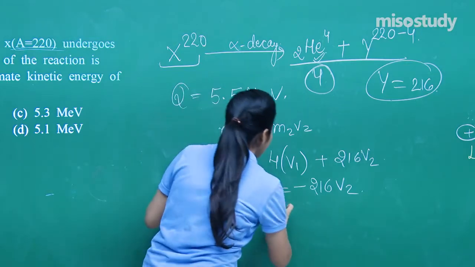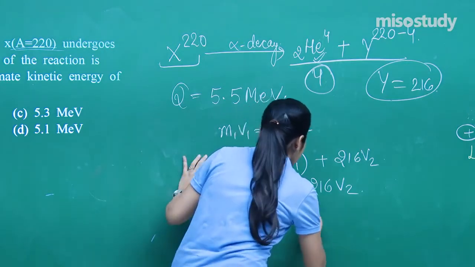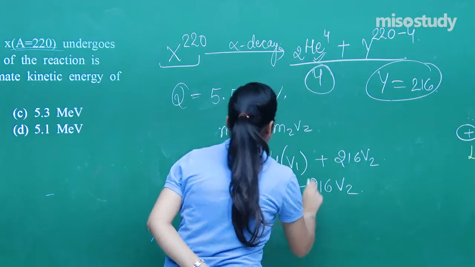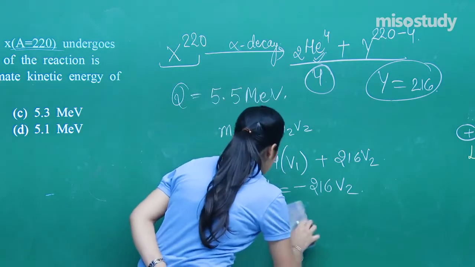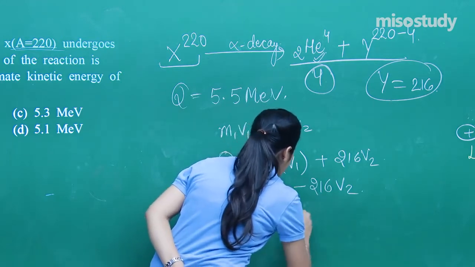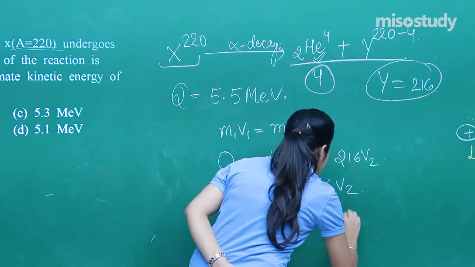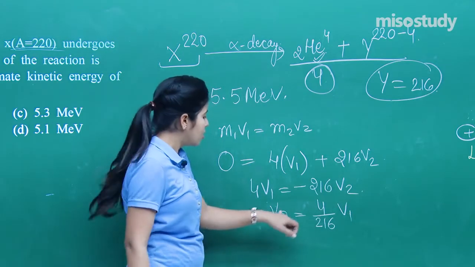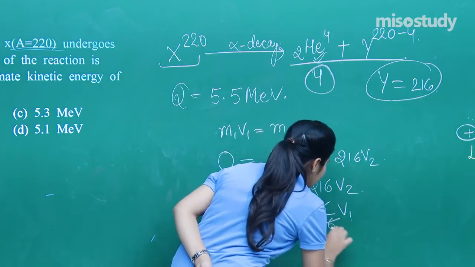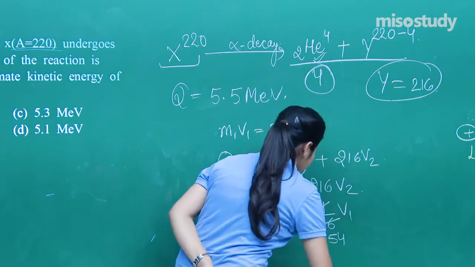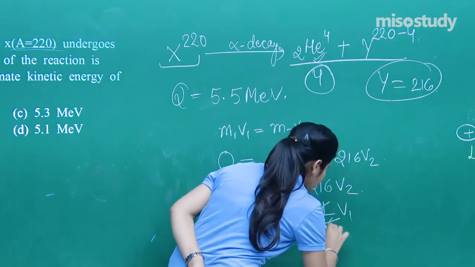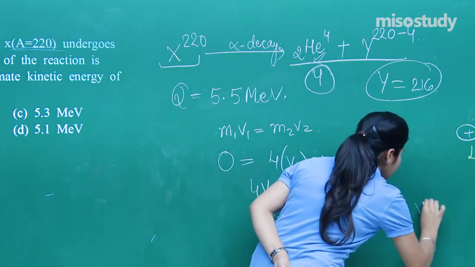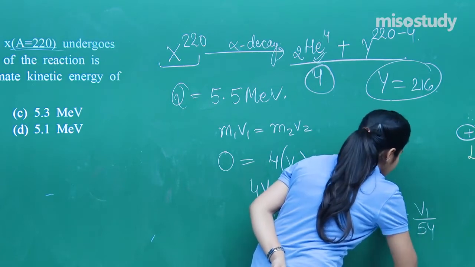So V2 will be 4 by 216 into V1, because we are finding V2 here. So we have our V2 as V1 upon 54.